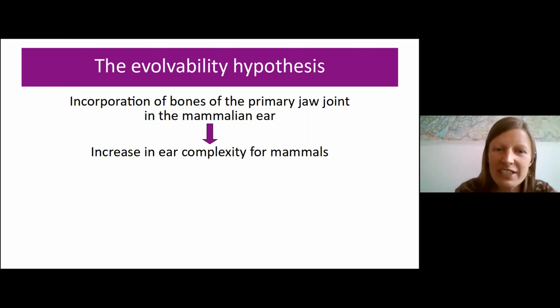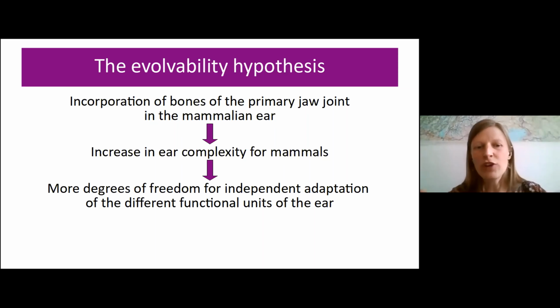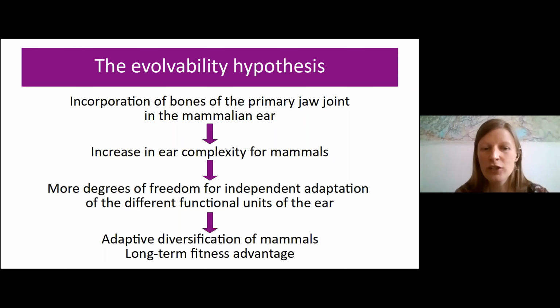And because of this increase in ear complexity, you have more degrees of freedom for the independent adaptation of the different functional units of the ear. And this increased degree of freedom for adaptation would have led to the adaptive diversification of mammals.